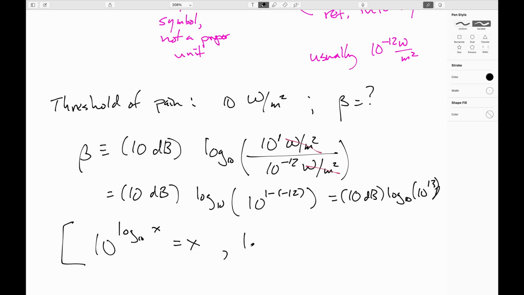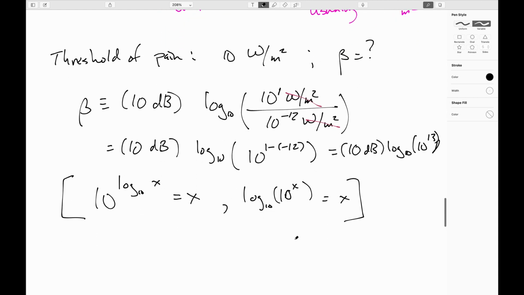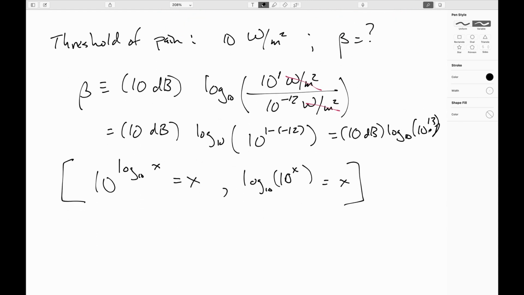And it's also true that the base 10 log of 10 to the x is also that number x. So the logarithm is the inverse of raising the base to some power. The log of 10 to the x is x. It's just the thing that picks out the exponent. And you can, in principle, write any number as 10 to the something or other, as long as it's a positive number. It's just that you might not have a nice clean integer.